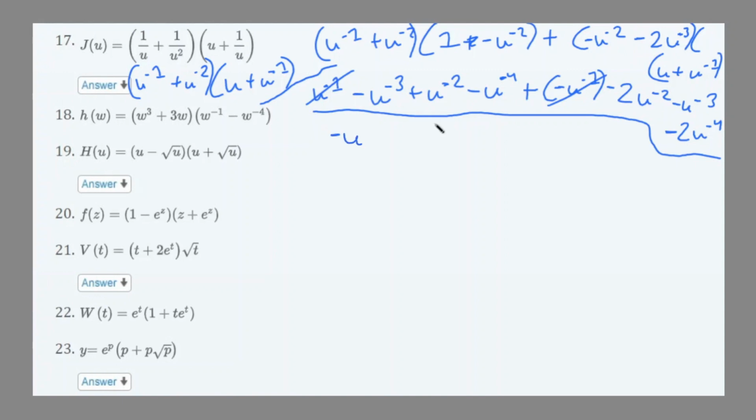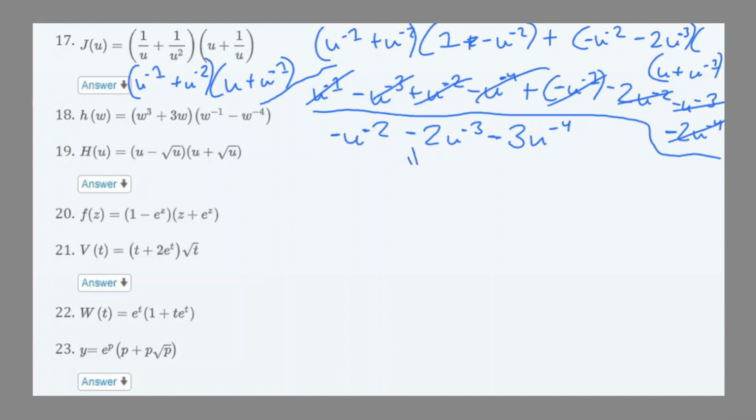So we get negative u to negative second power. And then for third, we get 1 positive, 1 negative, so we get negative 2u to negative third power. And then for 4, we get negative 1, negative 2. So negative 3u to negative fourth power.